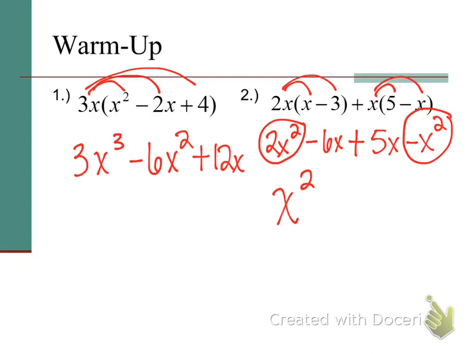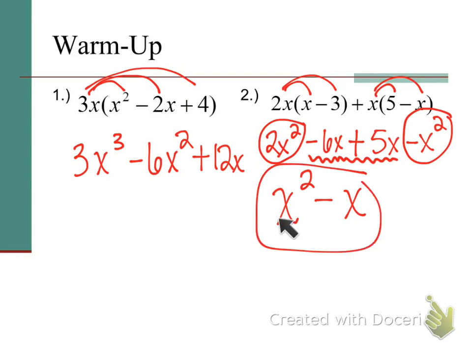All right, then in the middle, we have a negative 6x plus 5x. What will that give me? A negative x. Negative 1x. Again, if you want to write the 1, that's fine. You do not have to. Why can I not combine these two that are left? Good. They've got different exponents, so they cannot be combined.